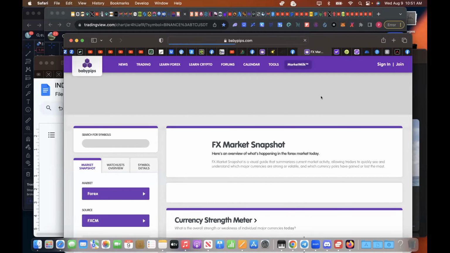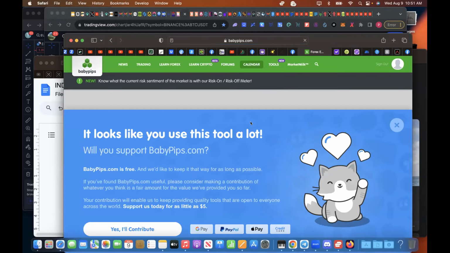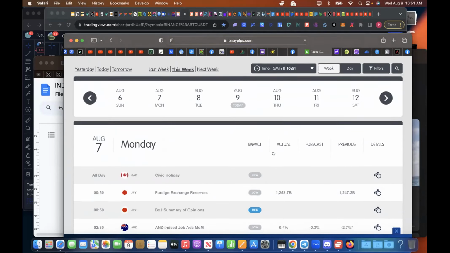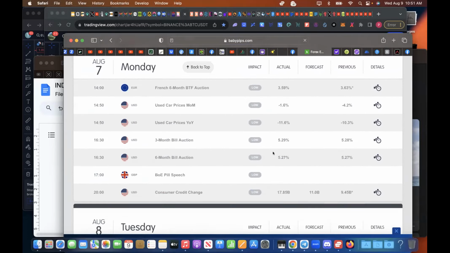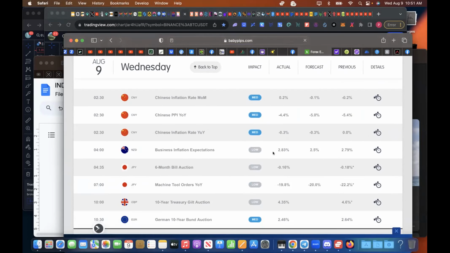Okay, we'll say calendar. Today is the 9th. Good. These are just medium impact, Chinese, Japanese yen.